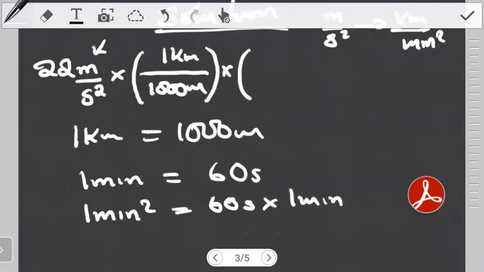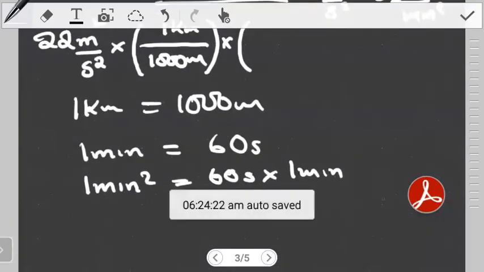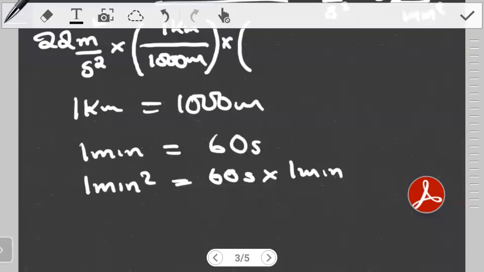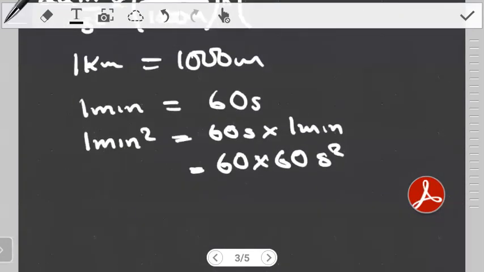I just want to deal with seconds. So the minute on the right hand side, I can write it in seconds, which is just 60 seconds. So this now becomes 60 by 60 seconds squared. Notice that now I'm saying 1 minute squared is equivalent to 3,600 seconds squared.